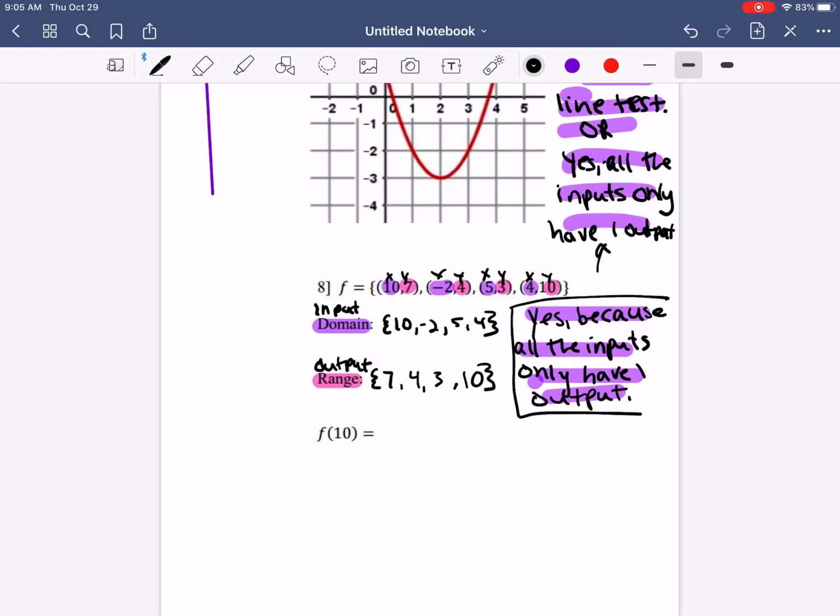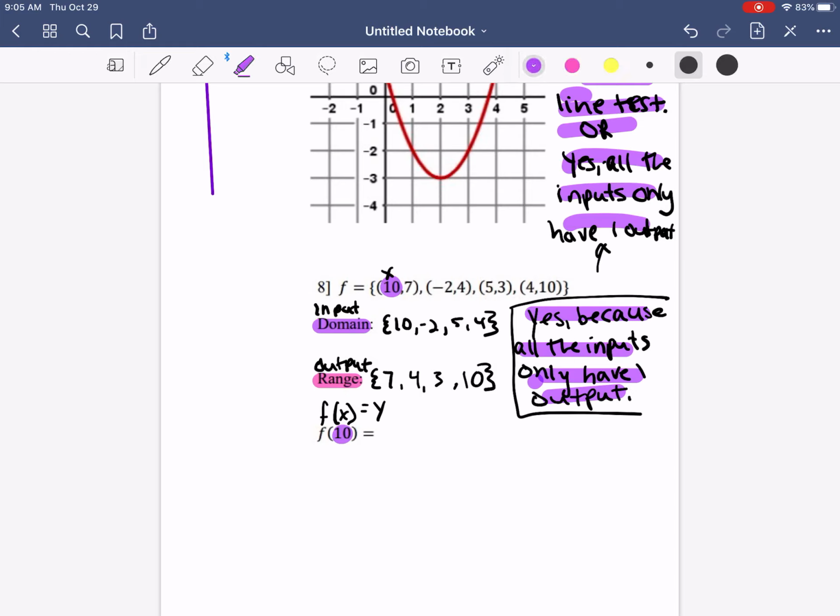And now here is just a nice little thing I want you to look at. This isn't on the quiz, but I saw this question and I realized you should definitely see. So f of 10, remember we learned how to do that with an equation. When they give us a set of points, you guys might be able to figure this out already according to what we learned. They're saying f of x equals y, right?